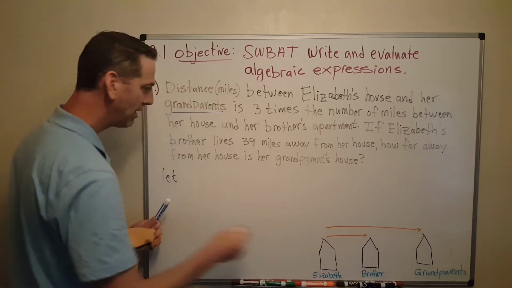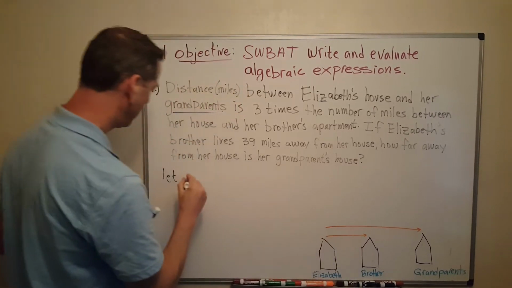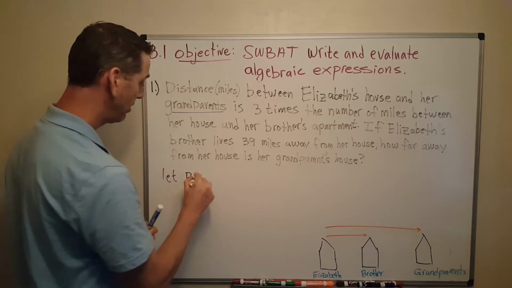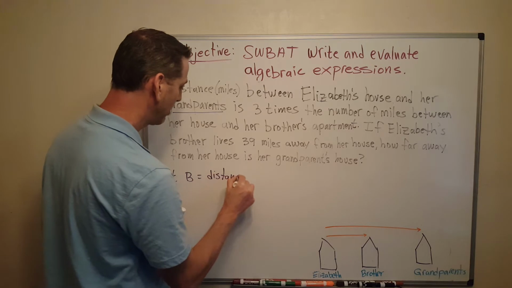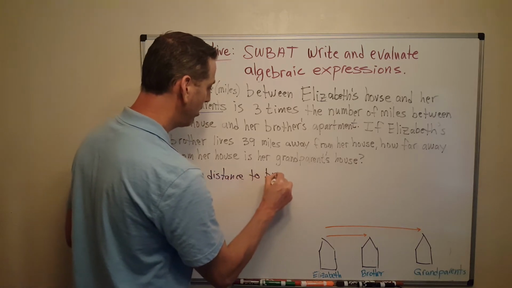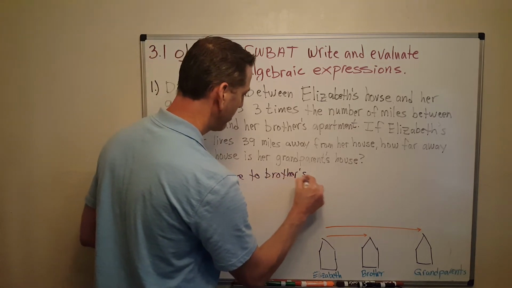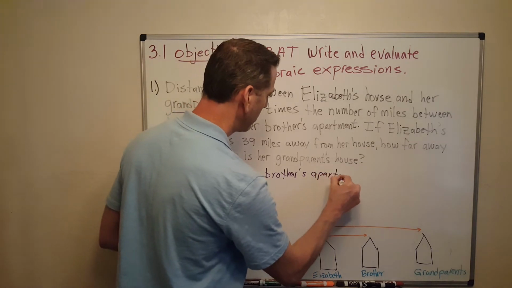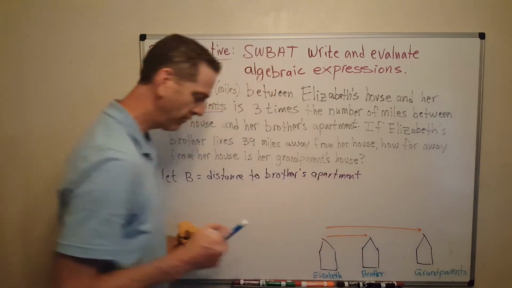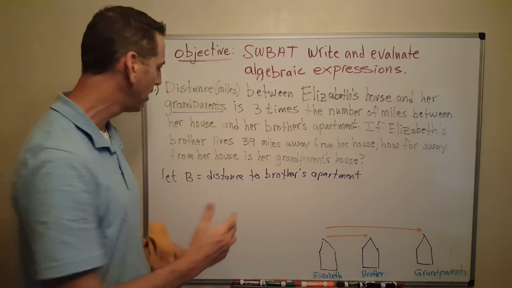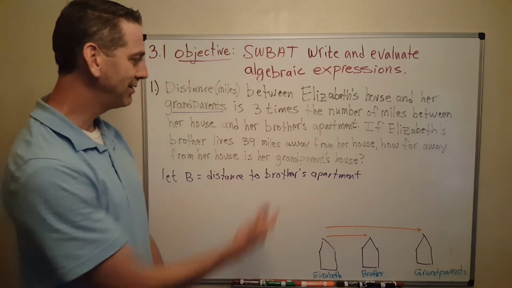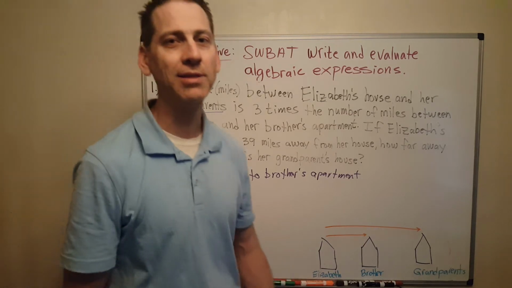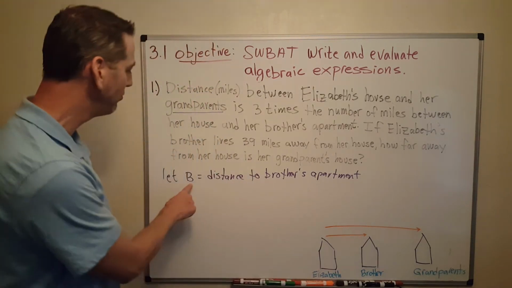Sorry. Let's let B equal distance to brother's apartment. You could have used any letter that you want. You could have used A for apartment. You could have used D sub B. You could have done anything. You just choose what you want. I'm going to use B.